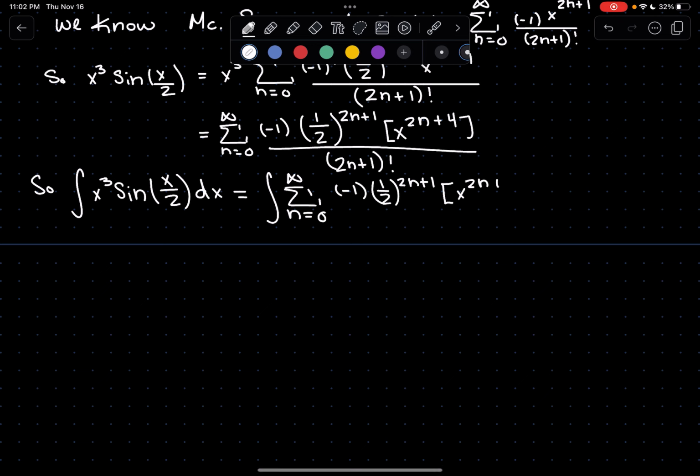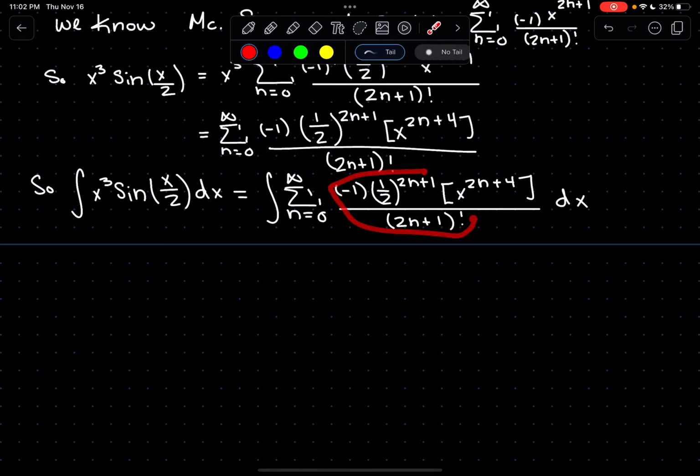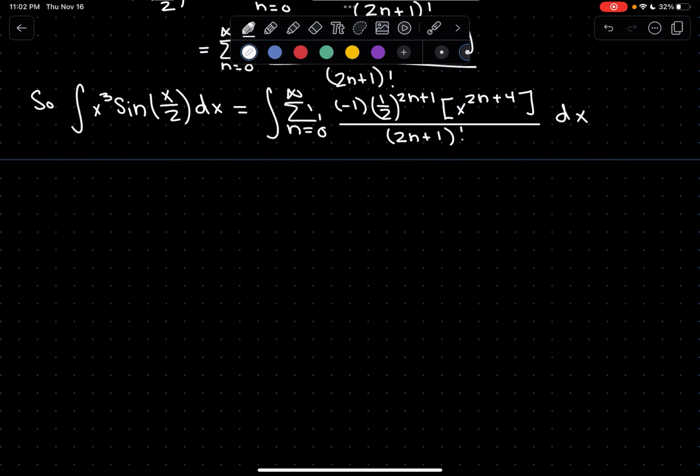Look at my notes for a clear version, but my hands are cramping at the moment. Again, none of this matters. This doesn't depend on x. Only this depends on x. So we can just use the power rule for integration.